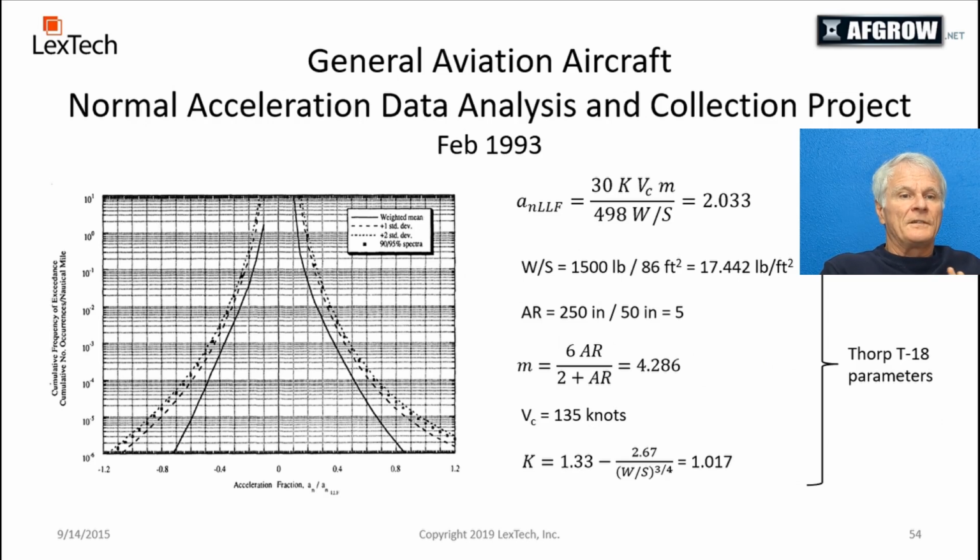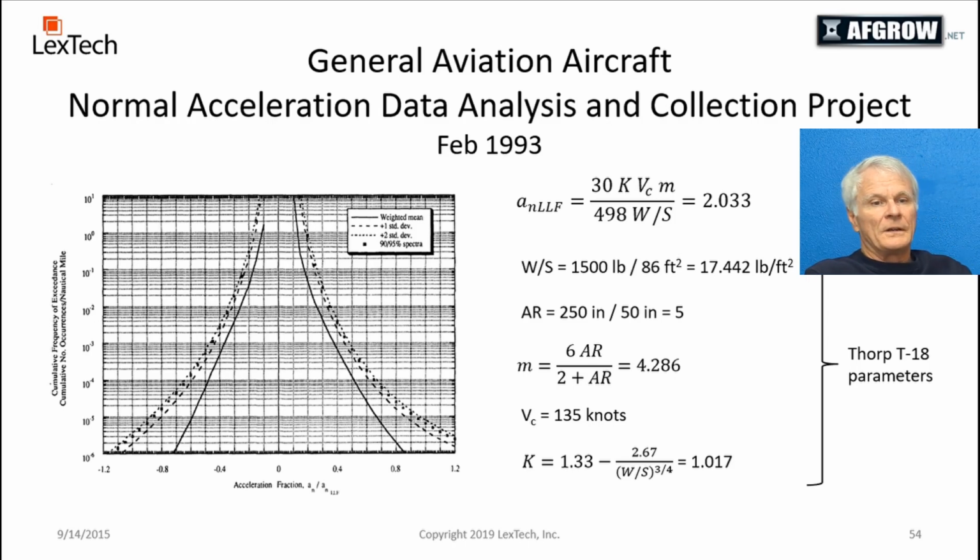I also took these data and compared them to the general aviation aircraft information from the FAA. That was a publication for normal acceleration data, published in February of 1993. Everything was in terms of the normal acceleration load limit factor, and for my airplane that comes out to be 2.033.